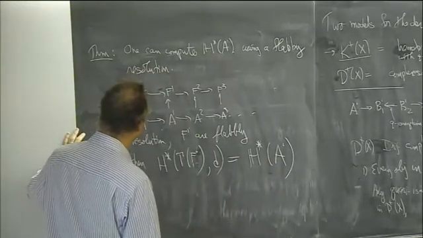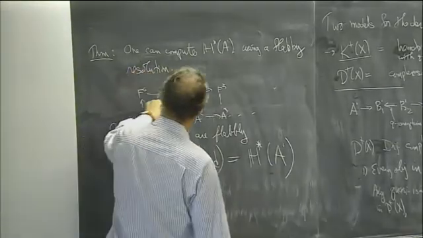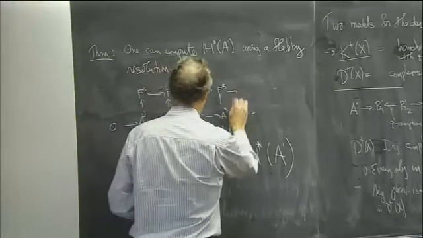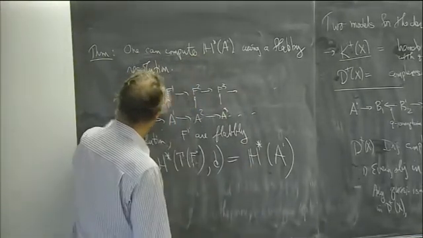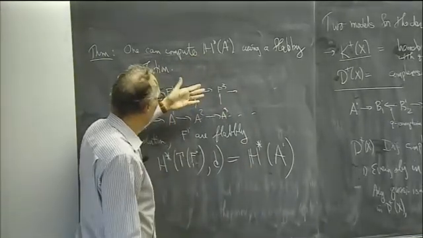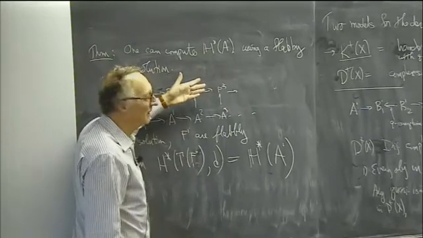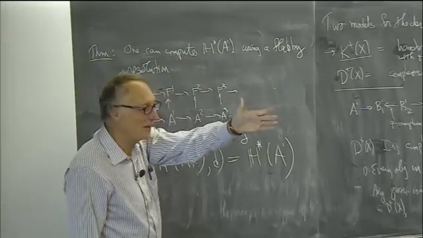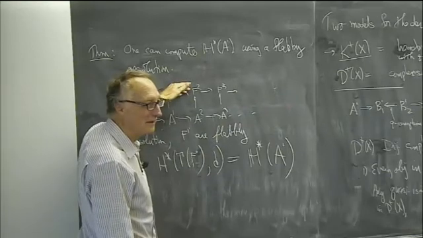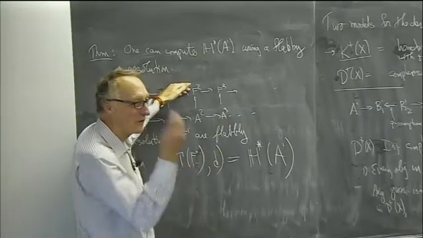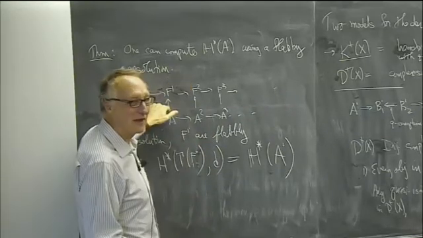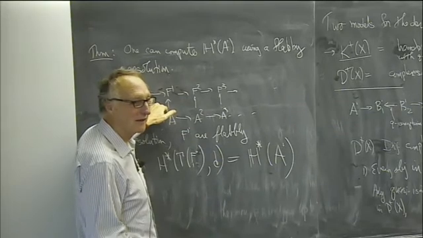But in fact, you can take a flabby resolution. And the way I would prove this theorem is, once I had a flabby resolution, I would construct on top of it a double complex of injectives, which was a resolution of it, and then filter vertically like I did before, because flabby sheaves have no cohomology except H^0.